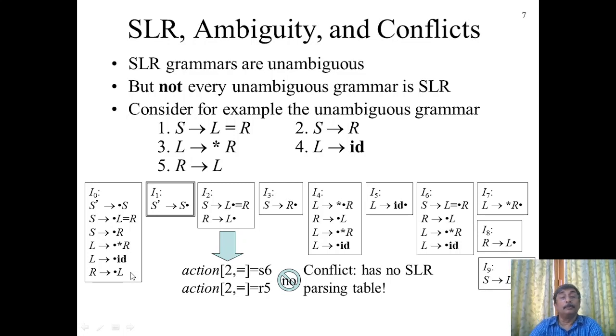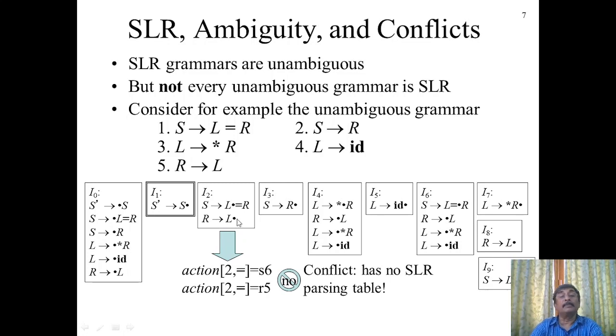Now from I0, if I just use go to L, from I0 go to L, where do I go? I have two items here which are used to make a go to. So I have seen that S produces L dot equal to R and R produces L dot are the two items in I2.